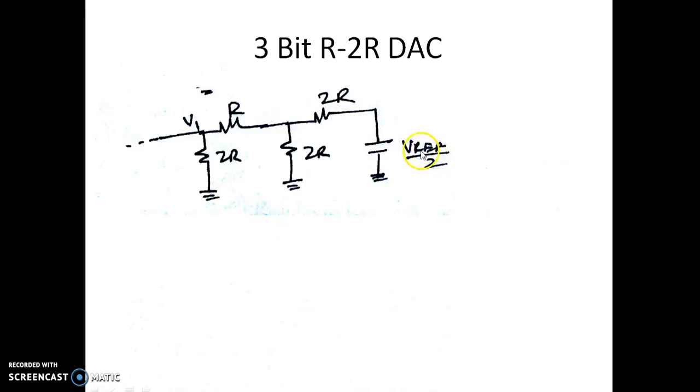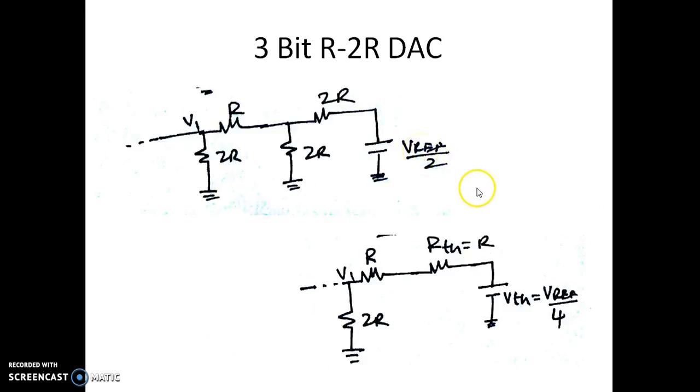So we have this network again. Looking into the network from here towards the right side, I have V Thevenin as V reference by 4 and R Thevenin equal to R. So that's what we have here. We are supposed to estimate the value of V1 here.